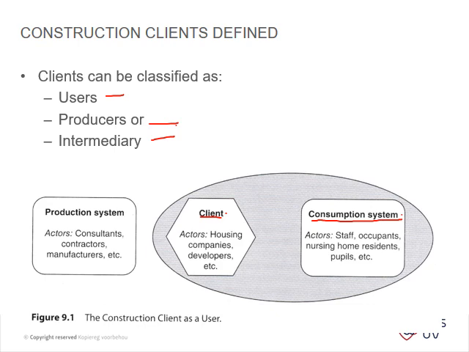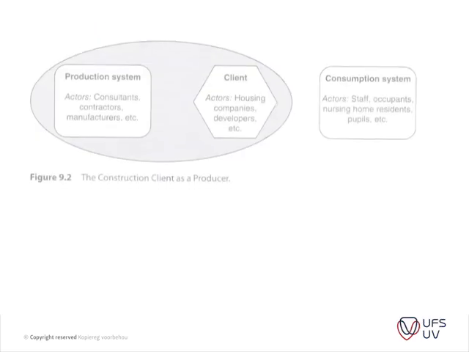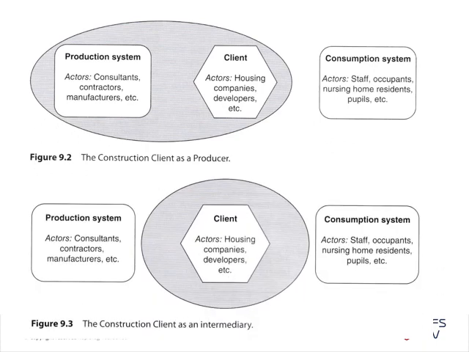Okay, and then we've got the other two options, which is your producer. So this might be a developer who will consult a consultancy, but they won't necessarily use that building. It will just be an income for them.